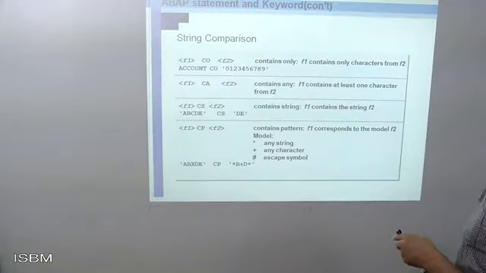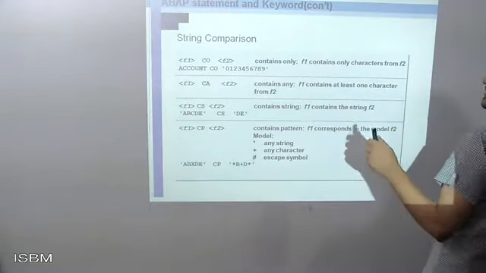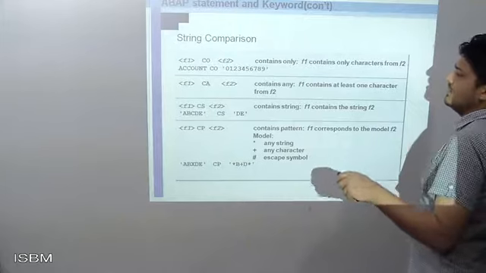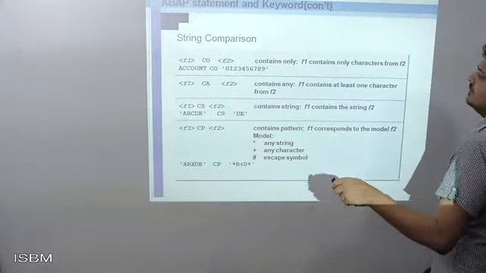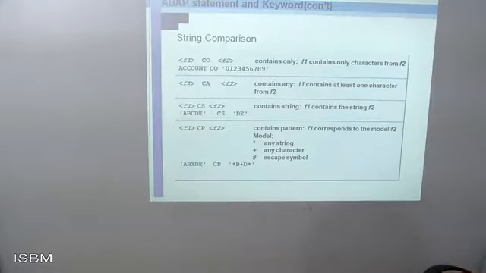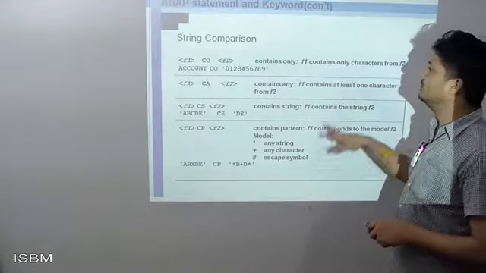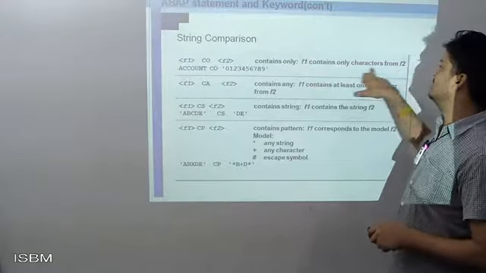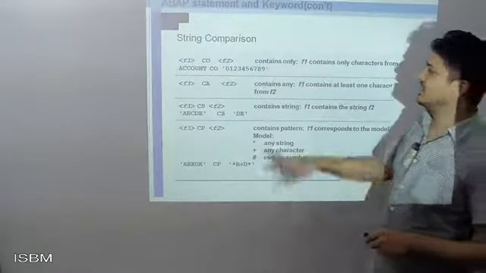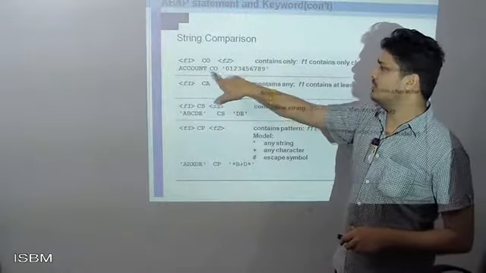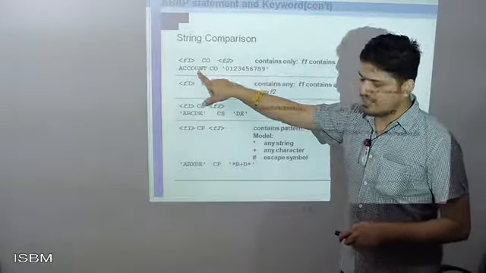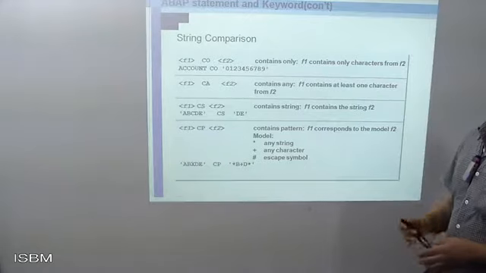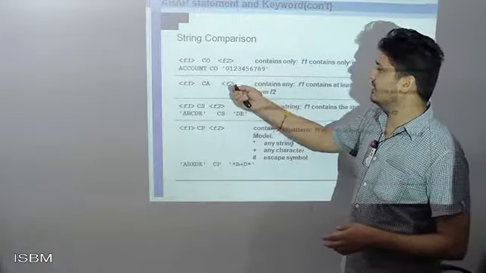Then string comparison. Comparison can also be used in the ABAP system. We can use F1 CO F2. CO stands for contains only. So contains only will check whether F1 contains only characters from F2. If I write account number CO this, it will fetch only those data which have these characters in the account number.